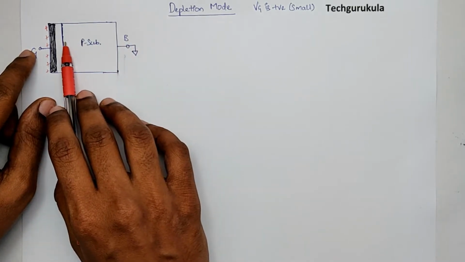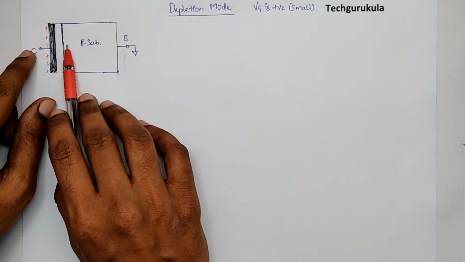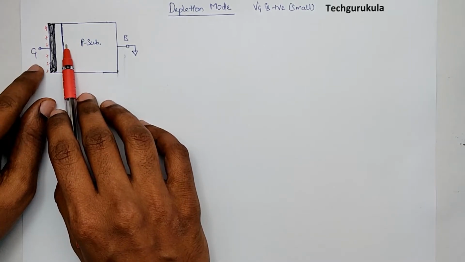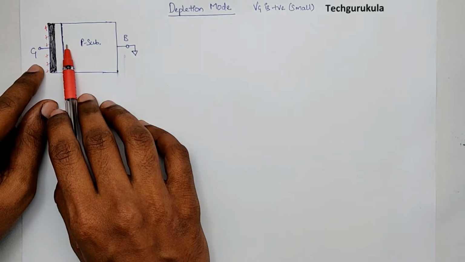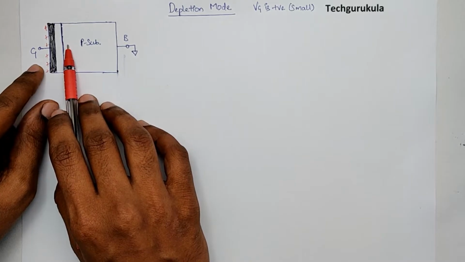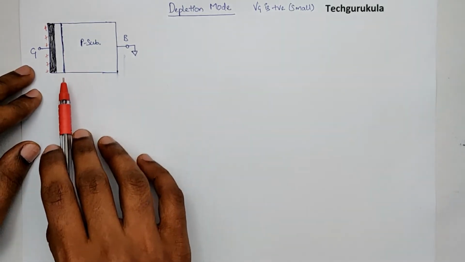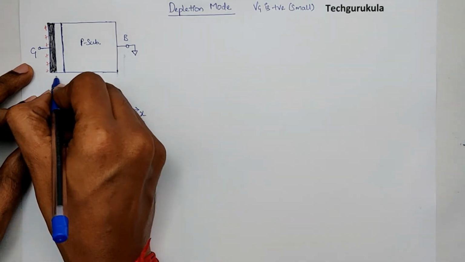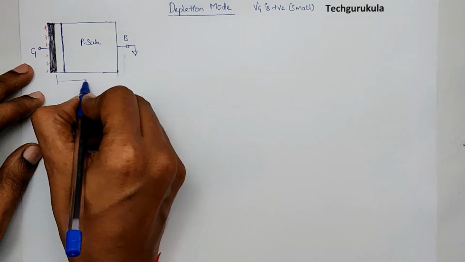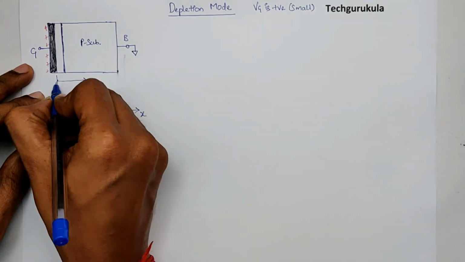So when holes leave this region close to the surface, there will be dopant atoms which will now be exposed. So the net charge would be negative. Those will be the dopant ions exposed. Now let's draw the dopant density here with respect to distance x. The distance x is measured from here, where this is 0.